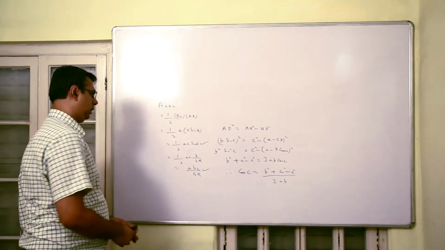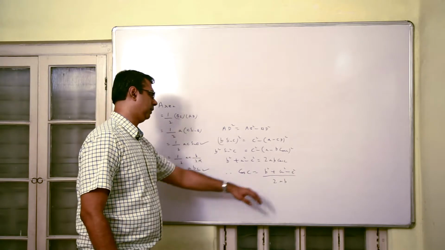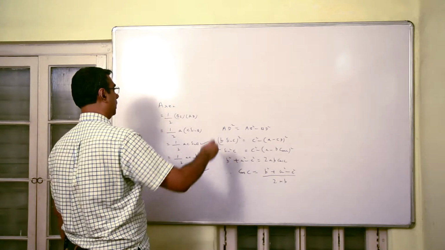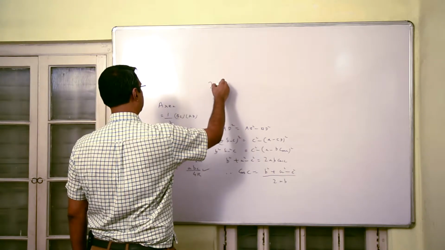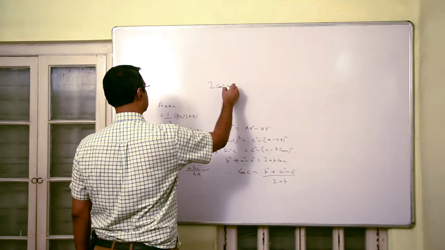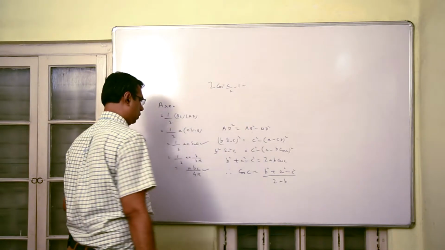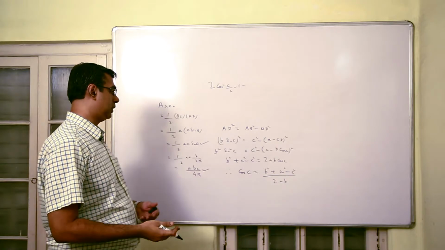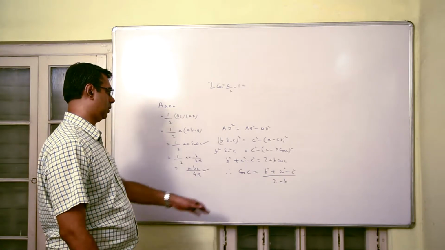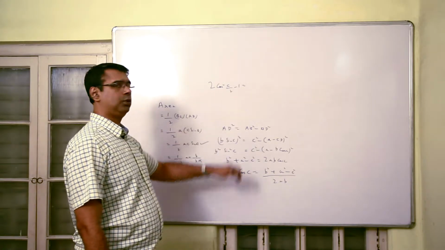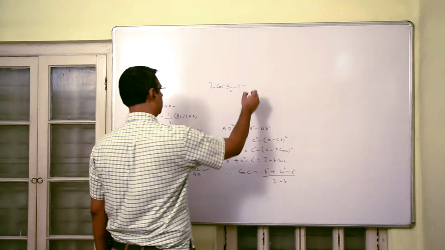Now, for cos C, we were able to get a result. We can manipulate the result as follows. You know that cos 2 theta is 2 cos square theta minus 1. So cos C will be 2 cos square C by 2 minus 1.